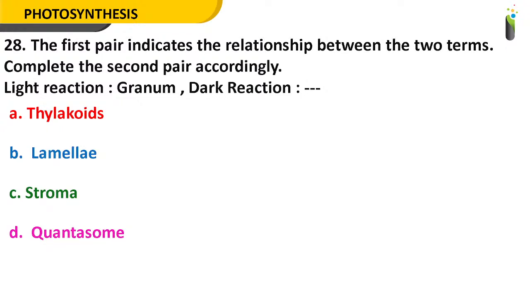So what should be the answer for question number 28? The correct answer is C, stroma. The dark reaction occurs in the stroma, whereas the light reaction occurs in the granum.